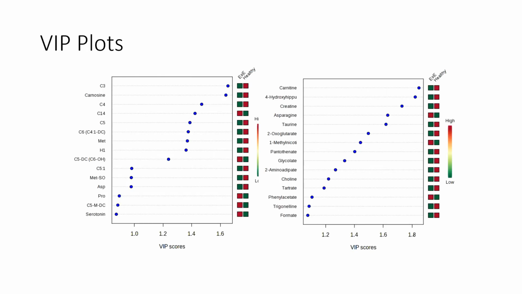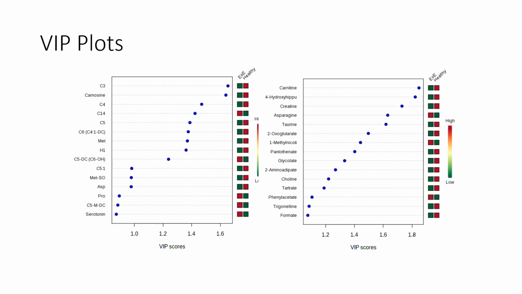So here are some examples of VIP plots taken from different PLSDA studies. And we can see on the study on the left that acylcarnitine C3 and C4 and carnosine have values of 1.5 or higher. And so these are important features, important metabolites.